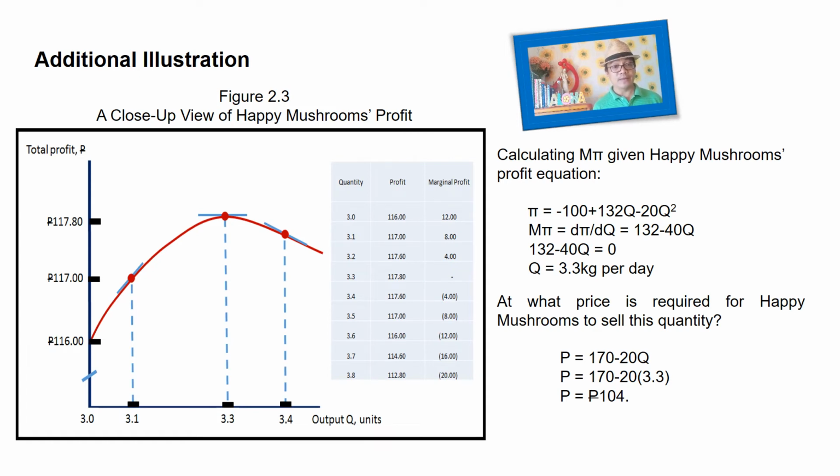And then we simply substitute our Q equals 3.3, so P is equal to 104 pesos. It is interesting to reiterate that at the optimum output Q equals 3.3 kilograms, total profit reaches a peak while marginal profit is exactly equal to 0.